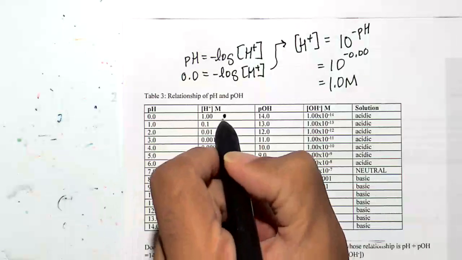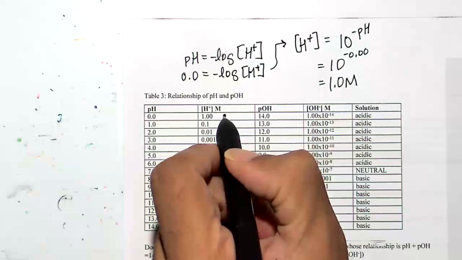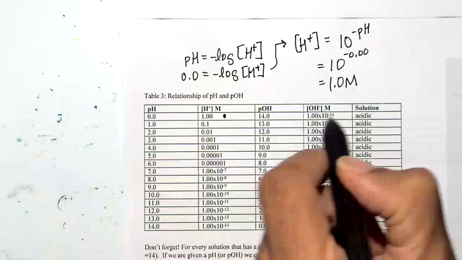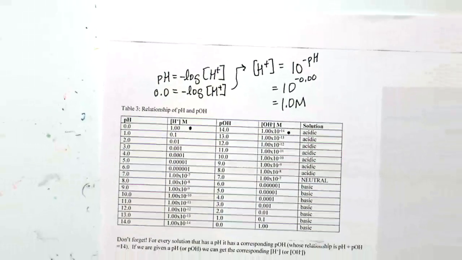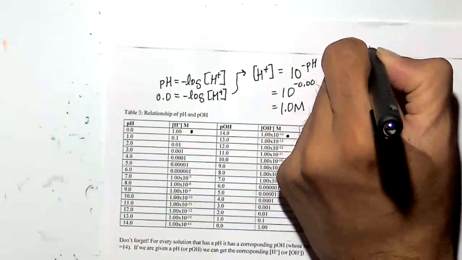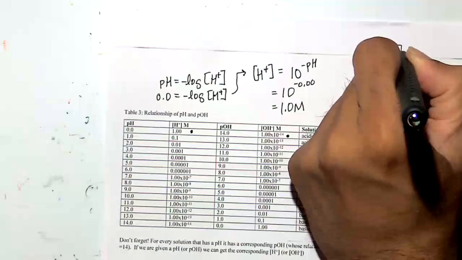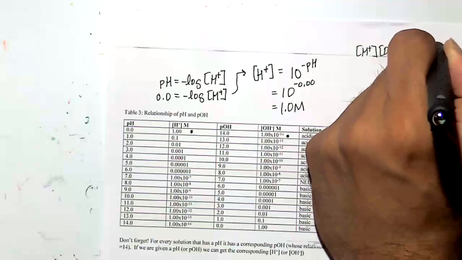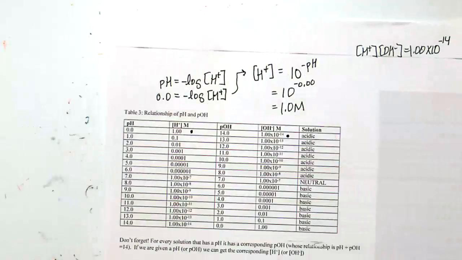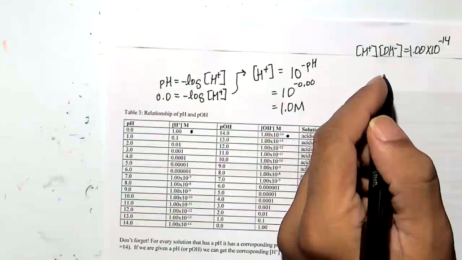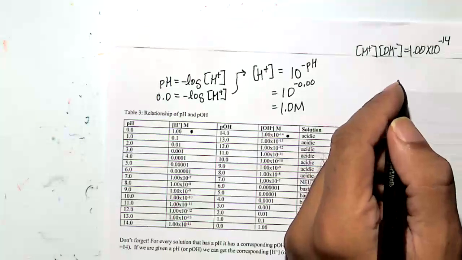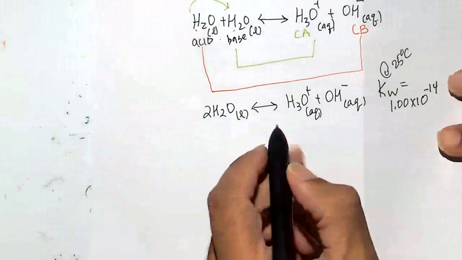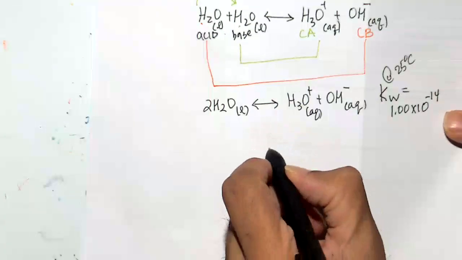If your pH is 0, your hydrogen ion concentration is 1 molar, what will your OH minus concentration be? Remember this relationship. That's coming from the equilibrium reaction for Kw, products over reactants. What is Kw here? It's not just 1 times 10 to the minus 14.